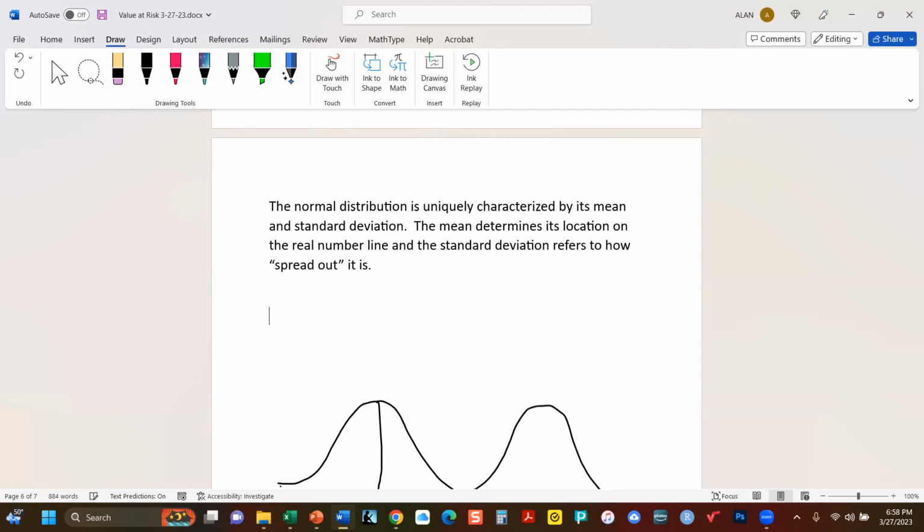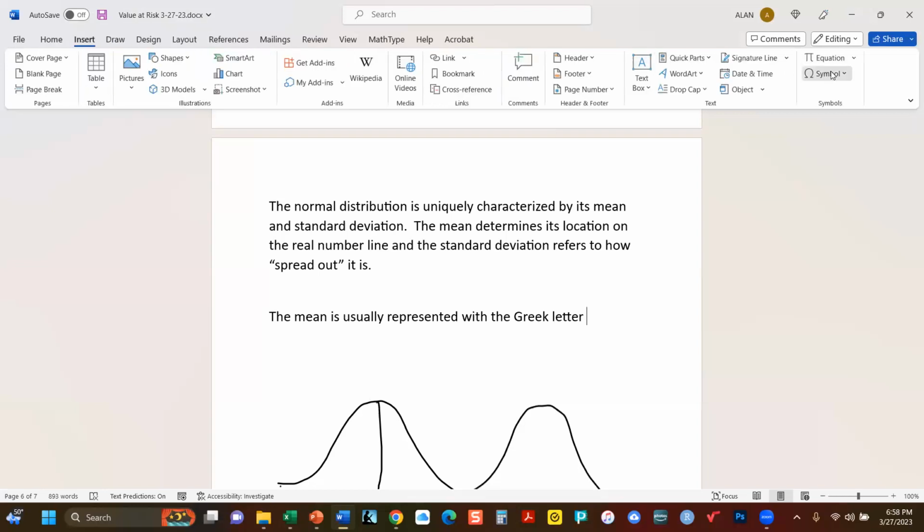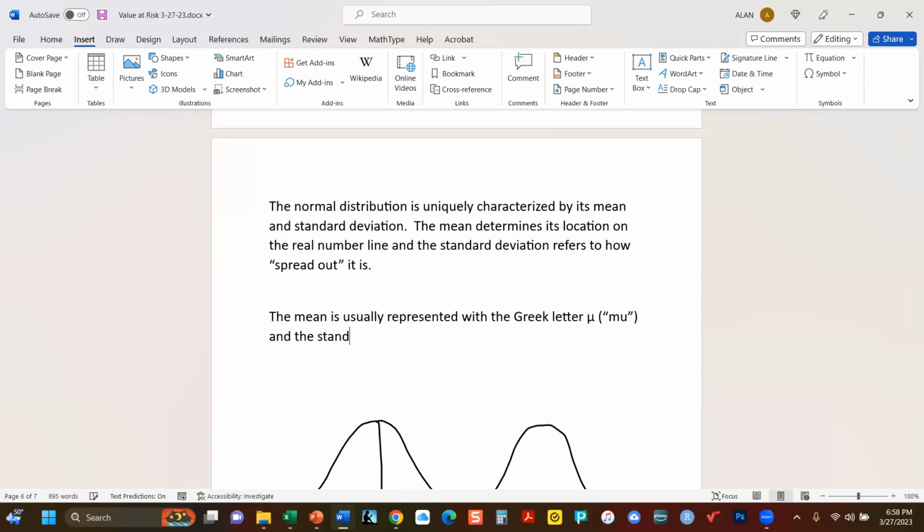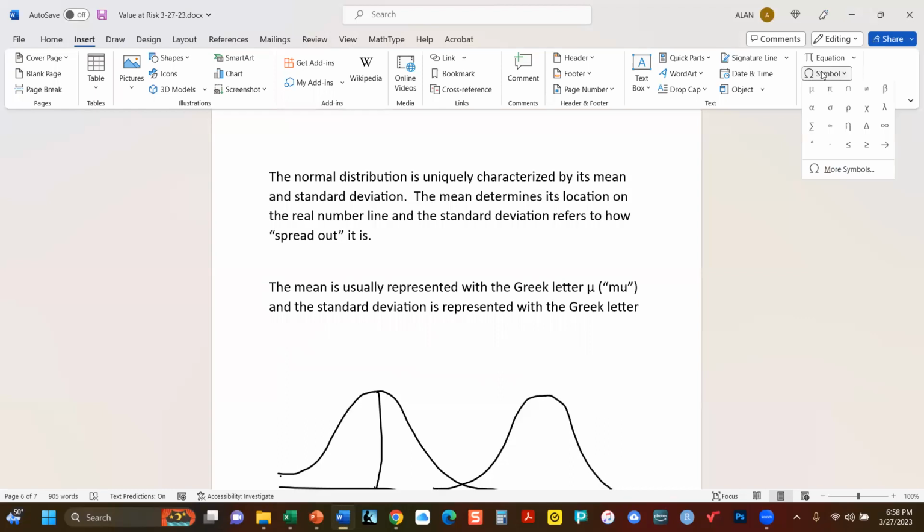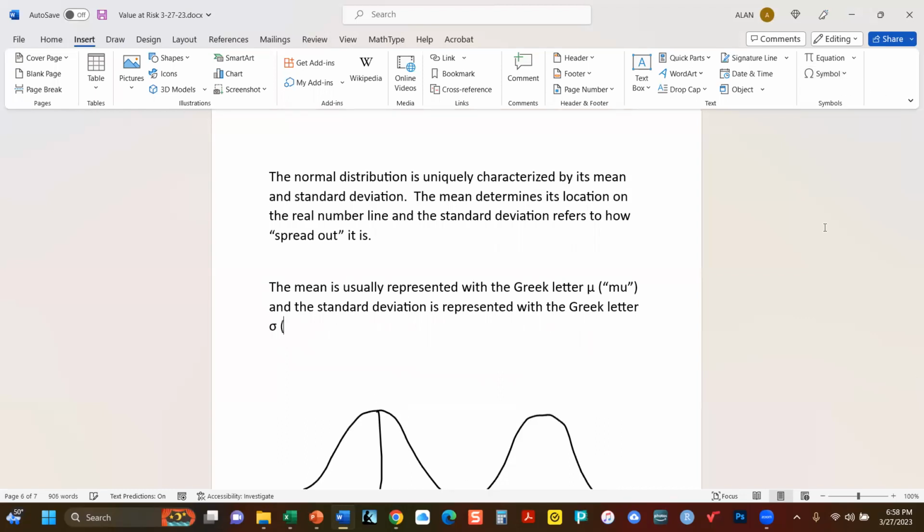The mean is usually represented with the Greek letter mu, that's the mean, and the standard deviation is represented with the Greek letter sigma. All right, just so that when you see it on the graph, you'll know what we're talking about here.